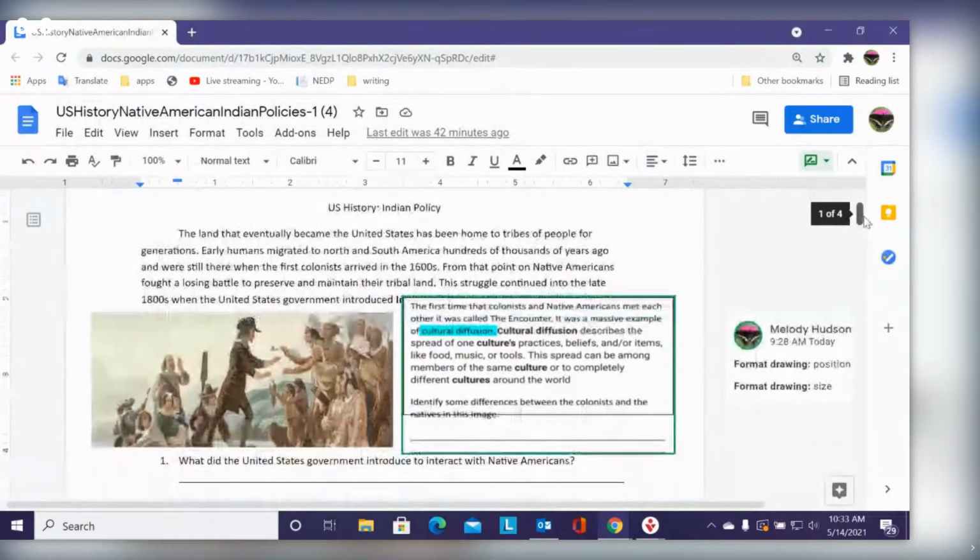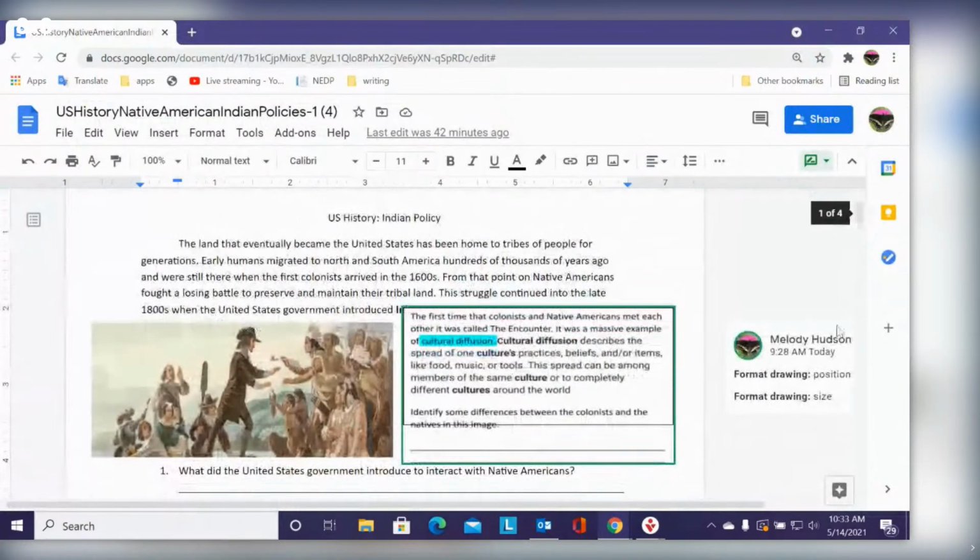So let's take a look. The land that eventually became the United States has been home to tribes of people for generations. Early humans migrated to North and South America hundreds of thousands of years ago, and were still there when the first colonists arrived in the 1600s. Indeed, there were others that arrived even before that on this land, but the Native people were here.